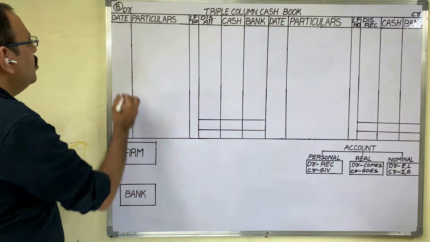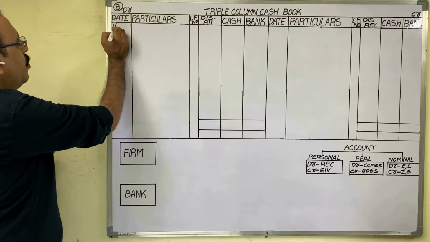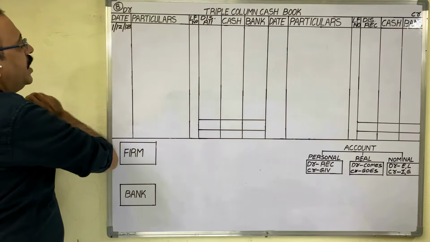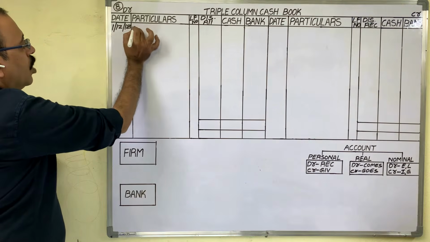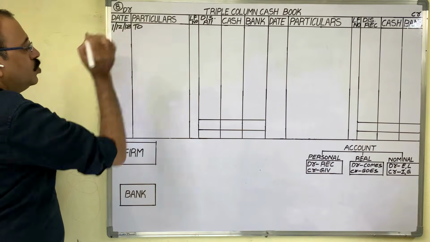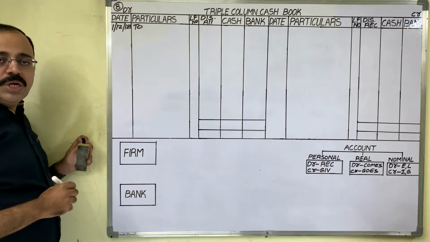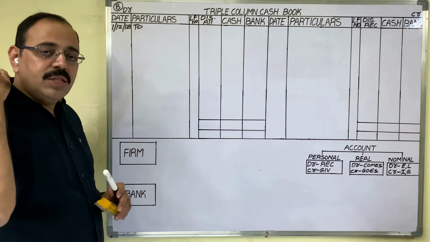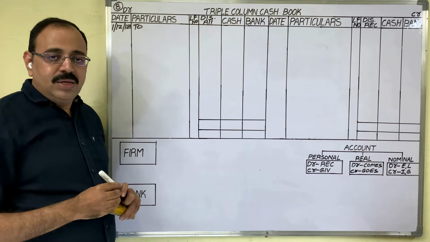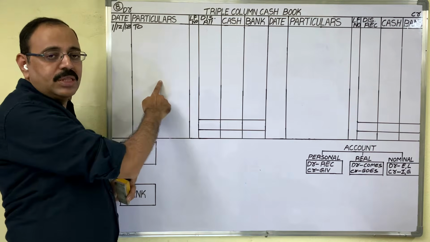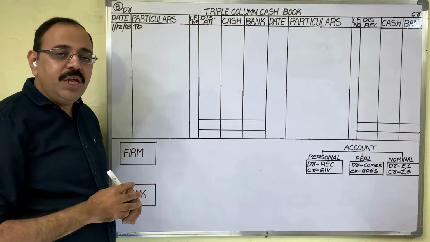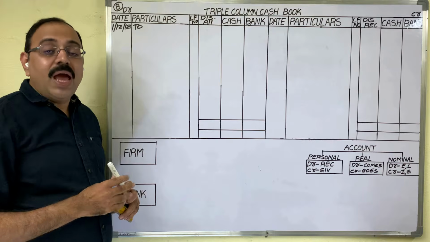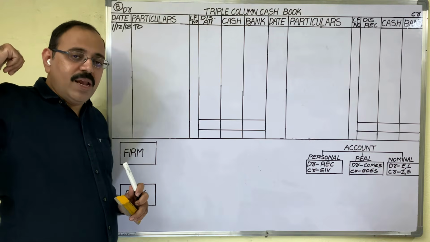In the date column, write this opening balance date, 1st December 2018. In the particulars column, we start with 'To'. And what do we write? Opening balance means last month's closing balance. The problem is for December, and the previous month is November. So on November 30, we have 10,000 closing cash balance.